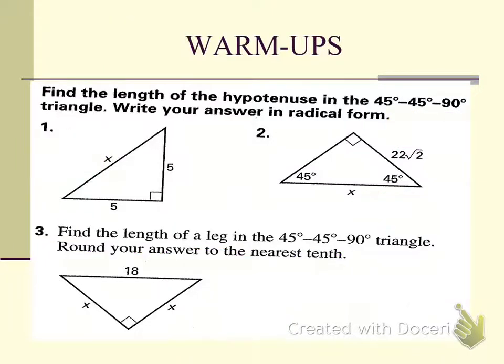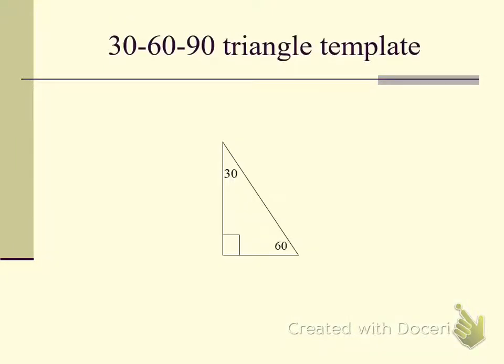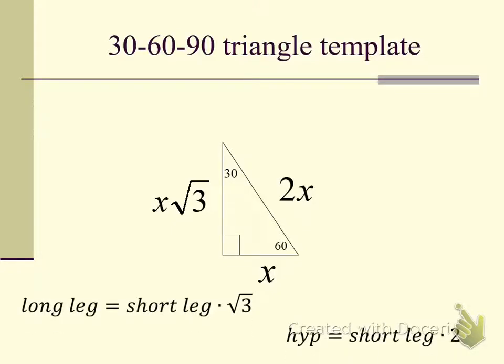On we go. All right, up next we've got the 30, 60, 90 triangle. This one's a little bit more complex than the 45, 45, 90.